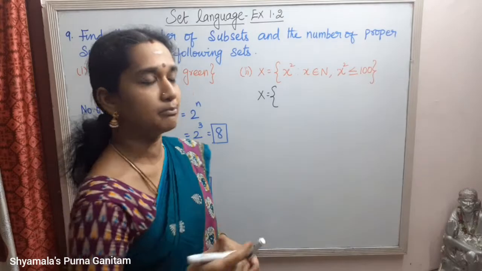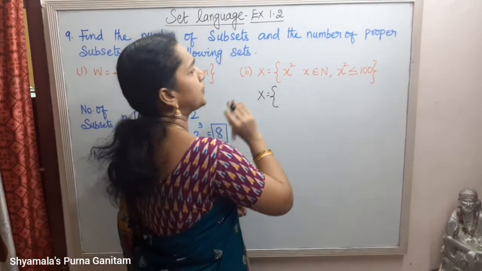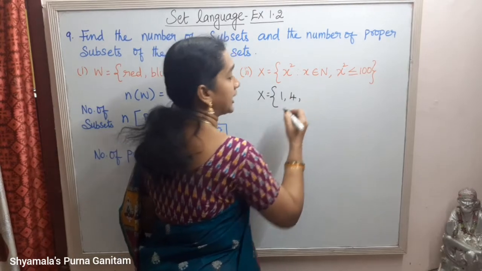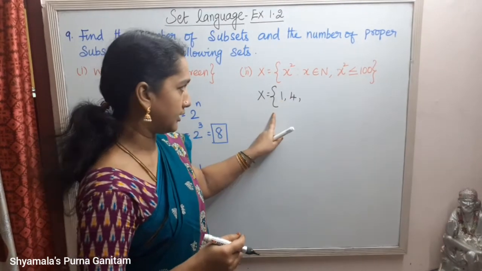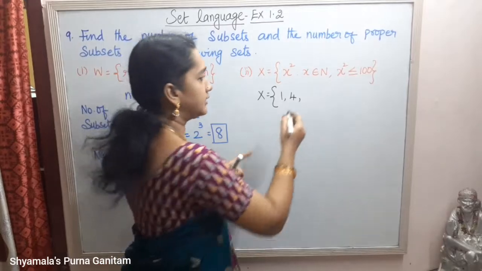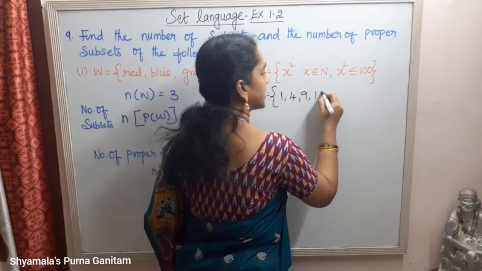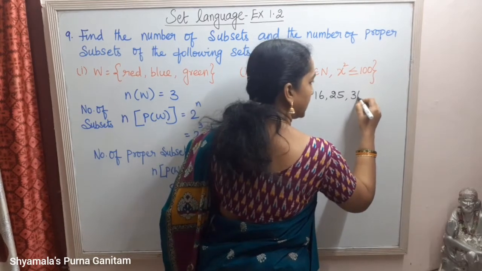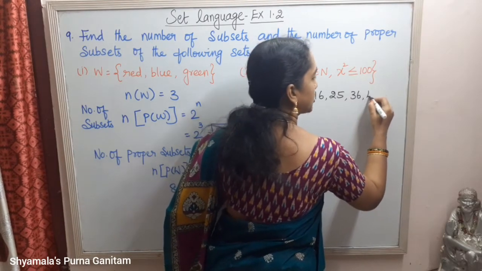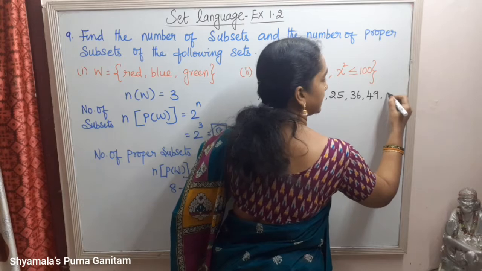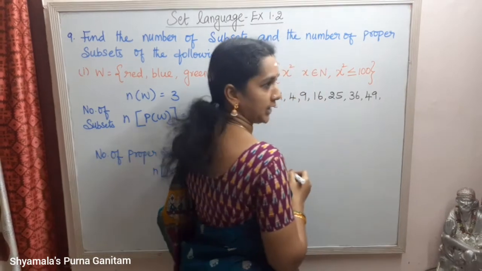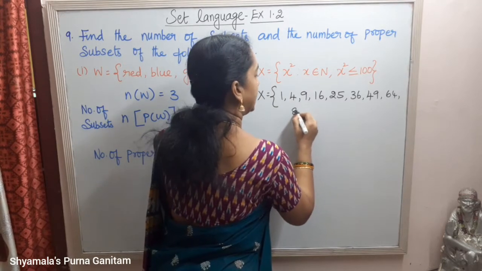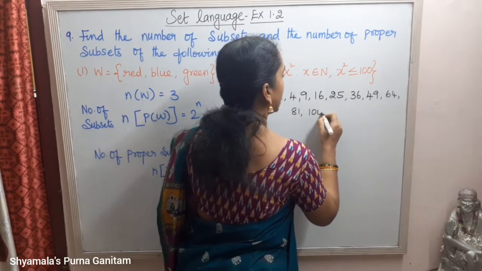All the square numbers you have to write. So first one is 1, 4. 1 squared is 1, 2 squared is 4, 3 squared is 9, 4 squared is 16, 5 squared 25, 6 squared 36, 7 squared 49, 8 squared is 64, 9 squared is 81, 10 squared is 100.